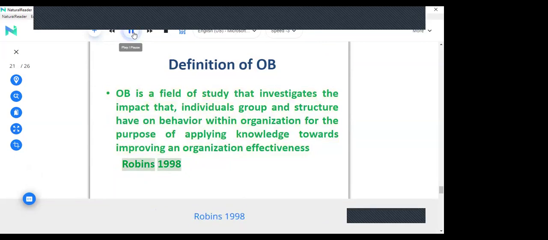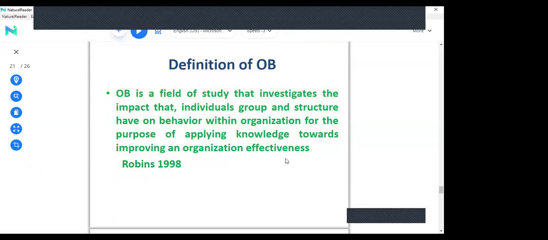Robbins 1998. I think this is the definition I told you earlier, because you know that it investigates the impact that individual, group and structure have on behavior within an organization for the purpose of applying knowledge toward improving an organization effectiveness.